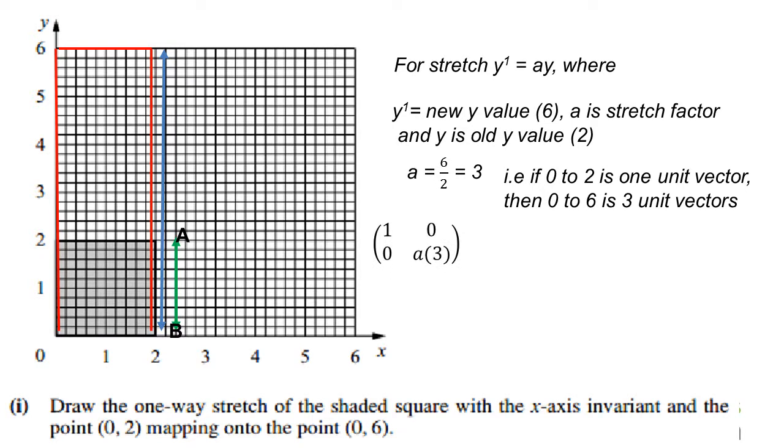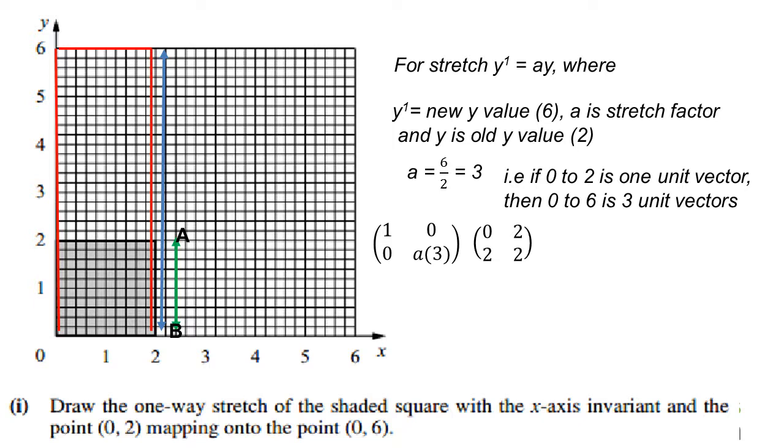To check if you're right, we multiply the transformation matrix by the individual coordinate points, the point 0,2 and the point 2,2. Now, if we multiply 1 by 0, which is 0, plus 0 times 2, that gives us 0.